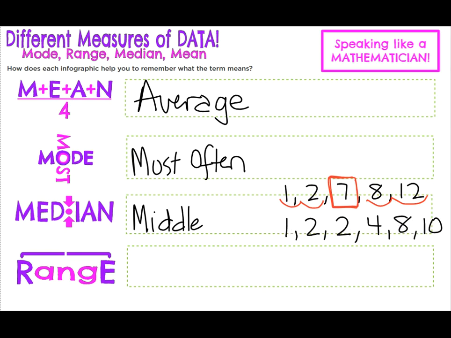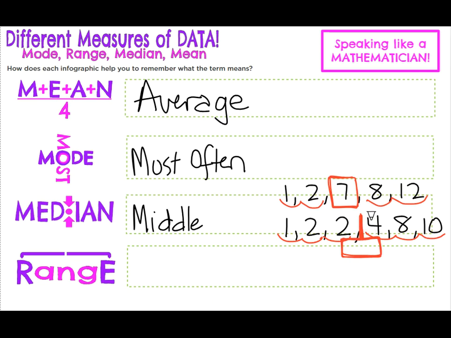So in that case, we do something a little different. We still find the middle, 1, 2, 1, 2, one more. So we identify the middle, which is between these two numbers. And then we determine our median by finding the mean or average of these two numbers.